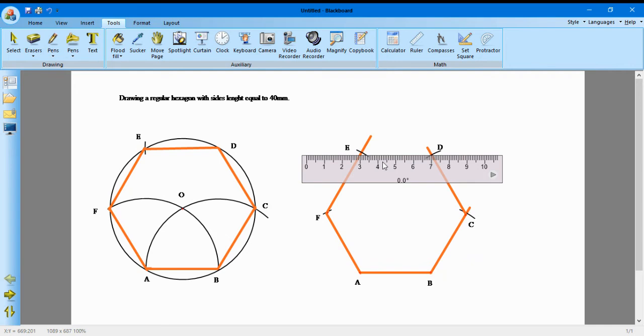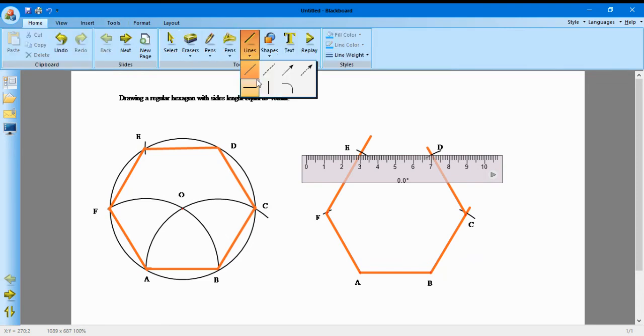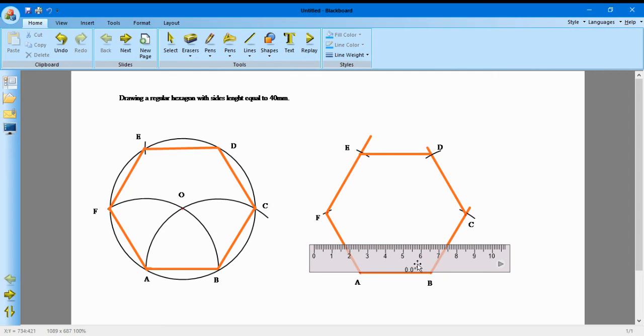Right? I can use my ruler and join them together. I will be using my line function. Joining this way right here, right? Now this is my regular hexagon with equal sides to 40 millimeters.